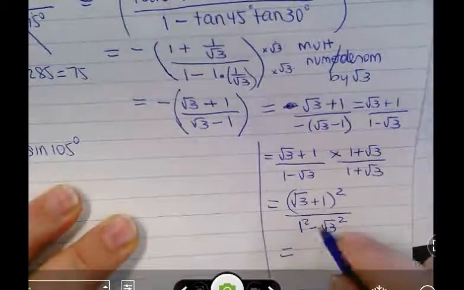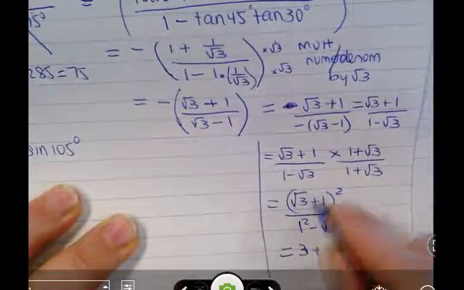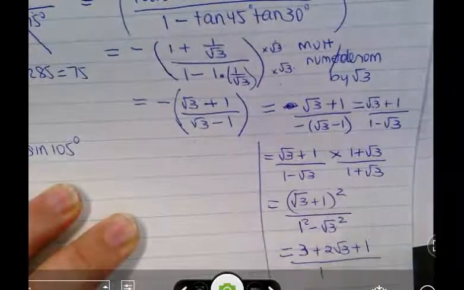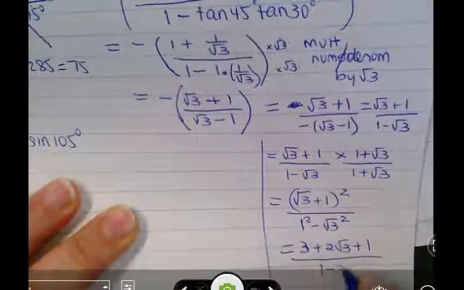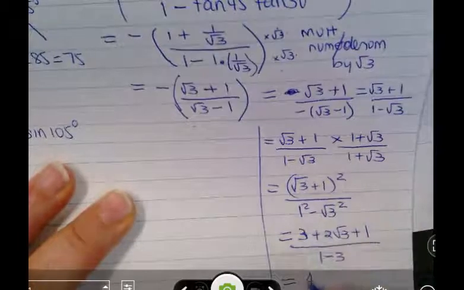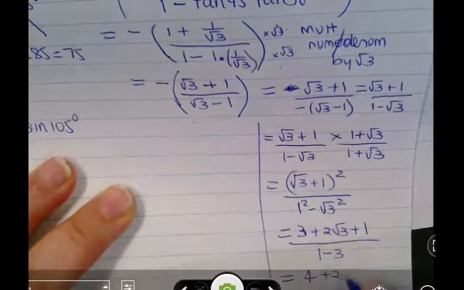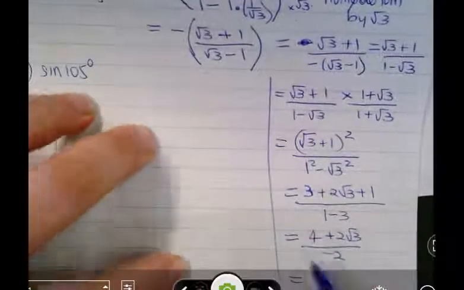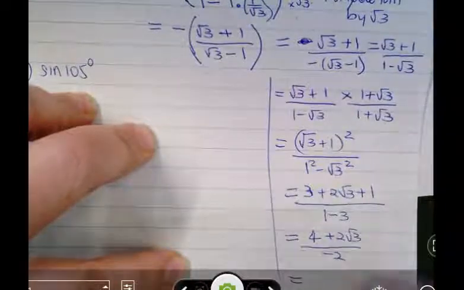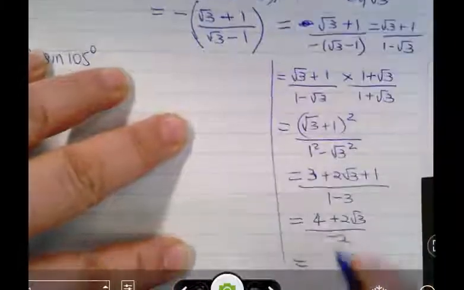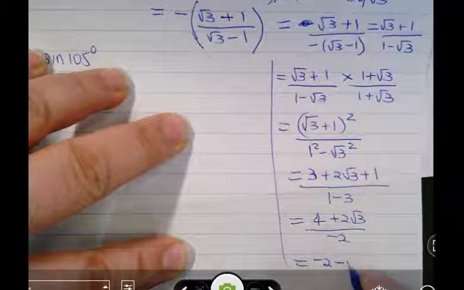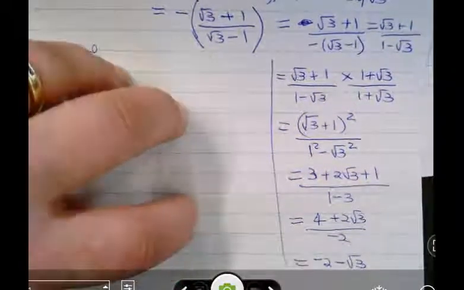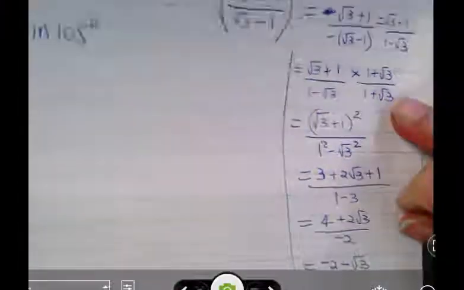So that is root 3 squared, which is 3, plus 2 times that, which is 2 root 3, plus 1, over 1 minus 3, which is 4 plus 2 root 3 over negative 2. And now we divide each term by negative 2. You okay with that? You divide each term by negative 2. So that's negative 2 minus root 3. So now they're getting interesting.